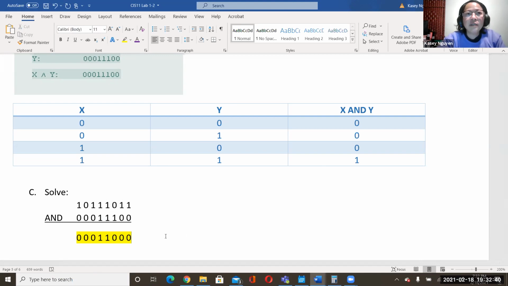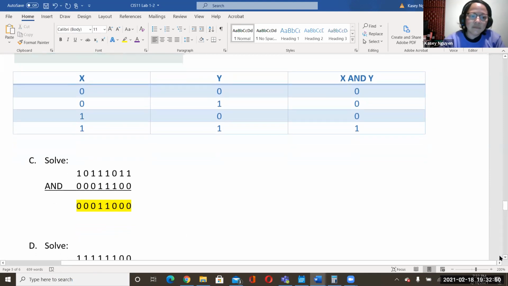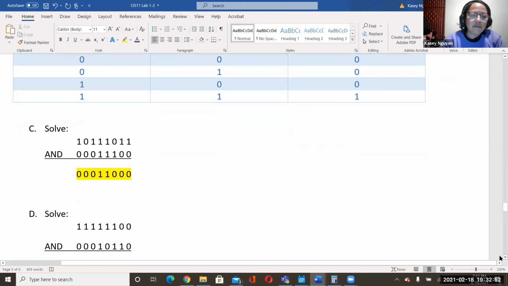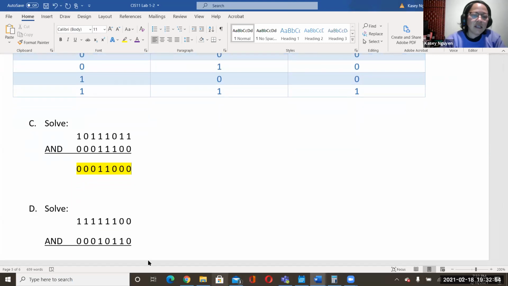Any question? So now you can solve for D. That's easy, right? When you use the AND, anytime you have a 0, it gives you the result as 0. And the only one that gives you a 1 is 1 and 1.